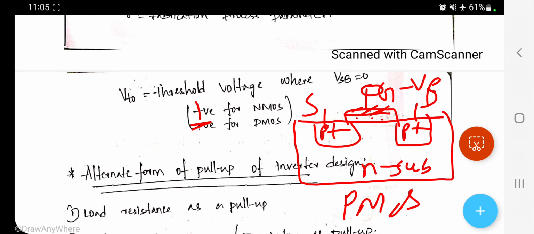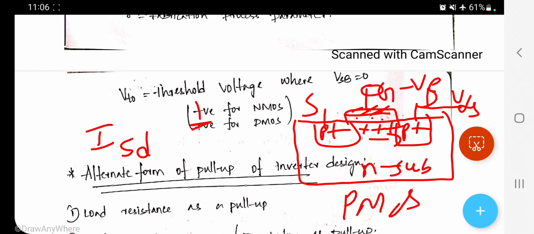So the minority carriers of the N substrate, holes, form the channel between source and drain. And when we apply VDS also negative, the holes start moving towards the drain, and that gives rise to the IDS current, which is because of holes. You can write IDS negative or ISD positive. This is because of the holes which are moving from source to drain.